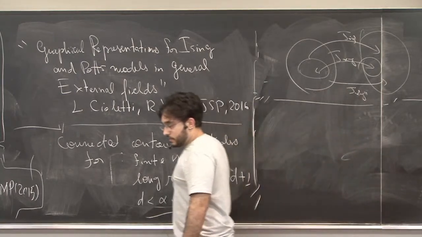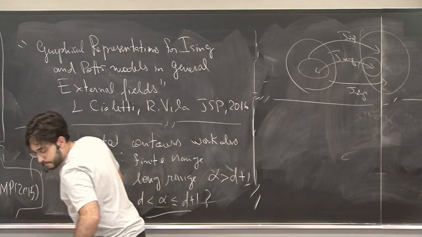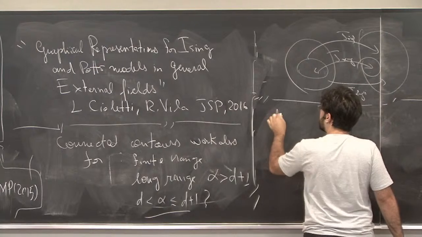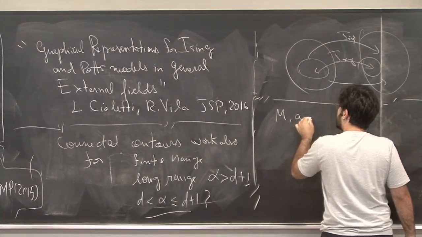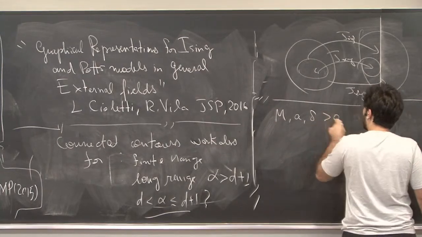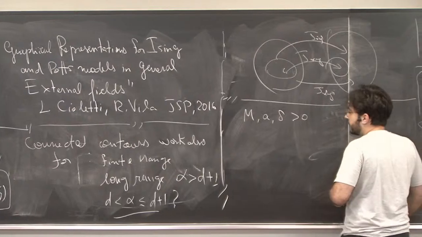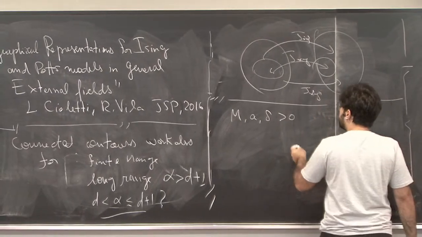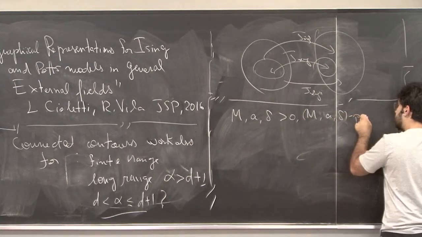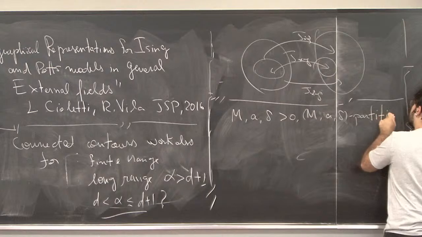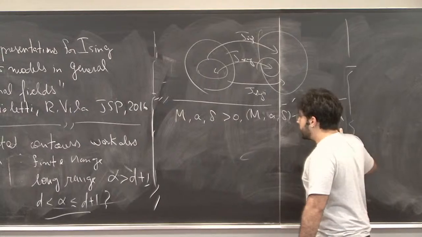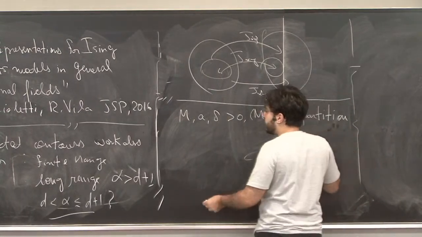So the idea is the following. He defined the concept of an MA delta partition. You consider these three positive real numbers, and then you define an MA delta partition. This is something that is defined for any finite subset.